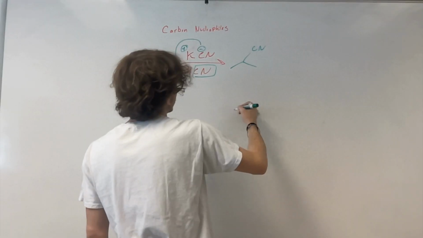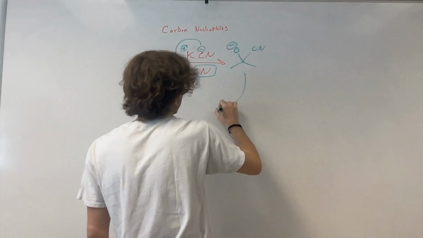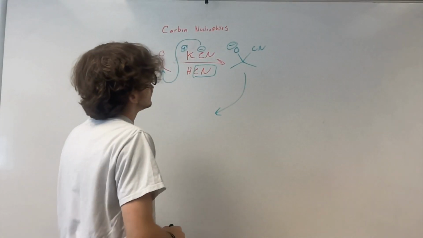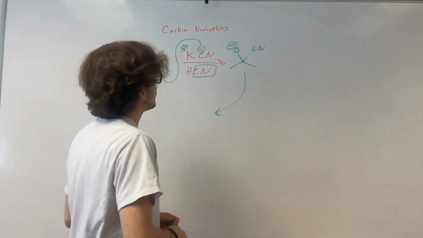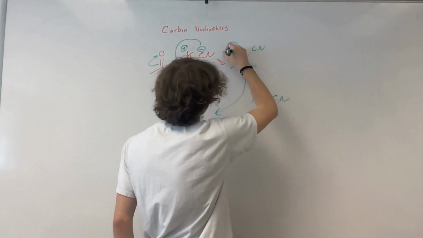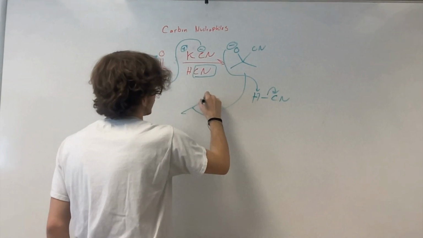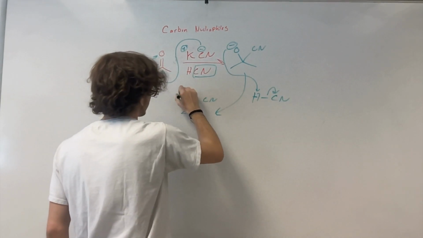We have the cyanide. It's not going to go anywhere after this. He made himself at home and he's not going to move. That means that the oxygen just can't kick him out. So that's where HCN comes in and protonates, and thus a cyanohydrin.